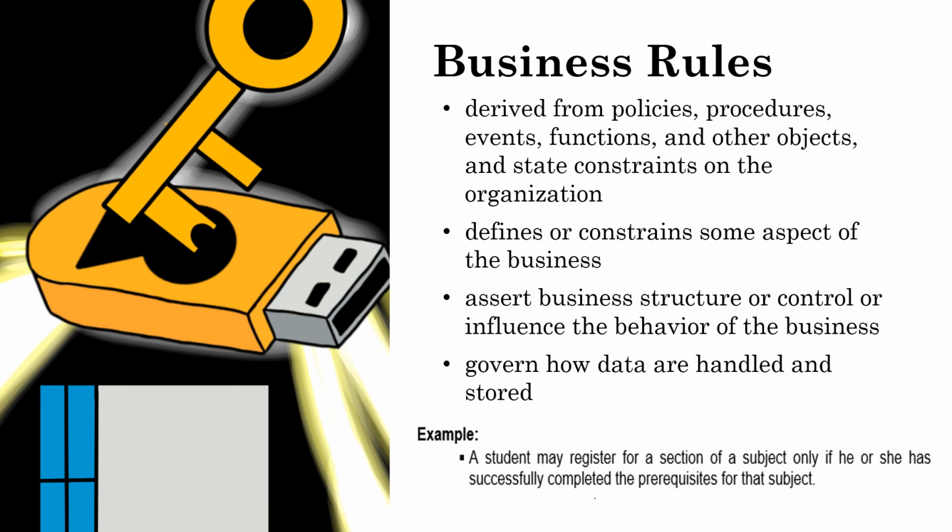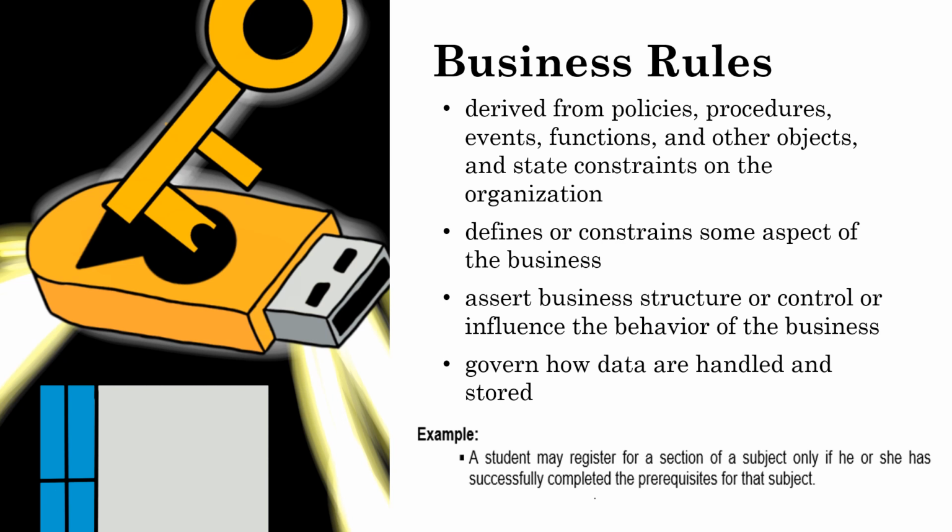Business rules. These are derived from the policies, procedures, events, functions, and other objects and state constraints on the organization. It is a statement that defines or constrains some aspect of the business.